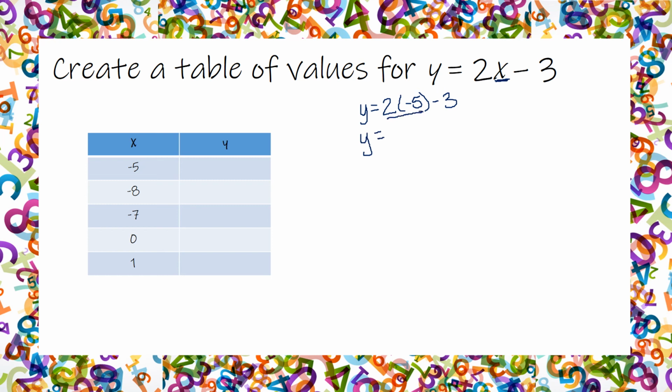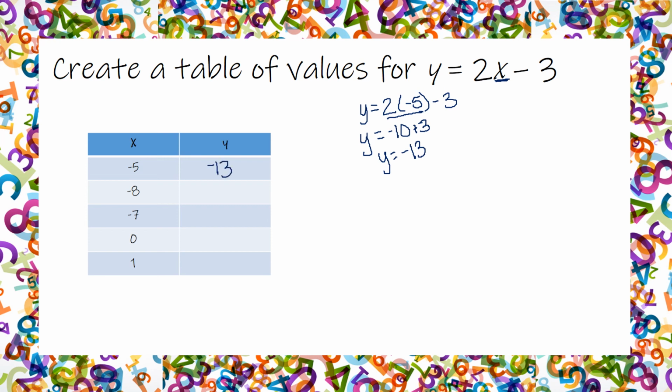2 times negative 5 is negative 10. Negative 10 minus 3 is the same as negative 10 plus negative 3. So that is negative 13.